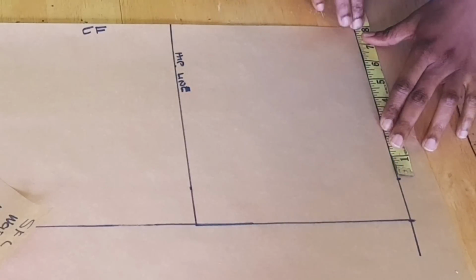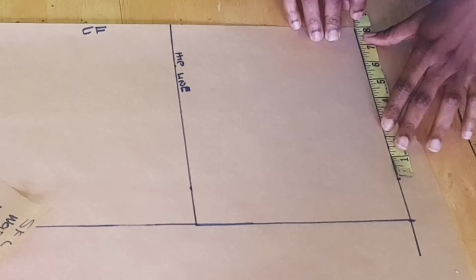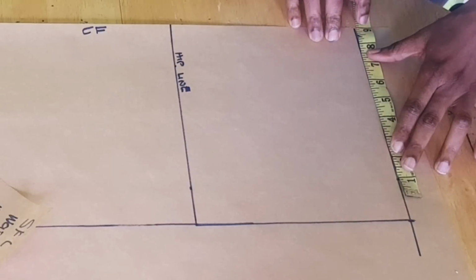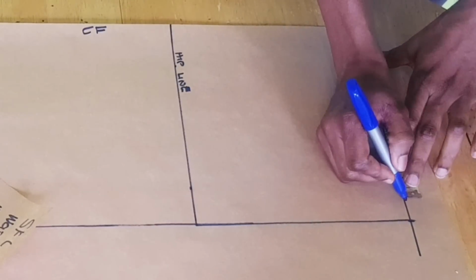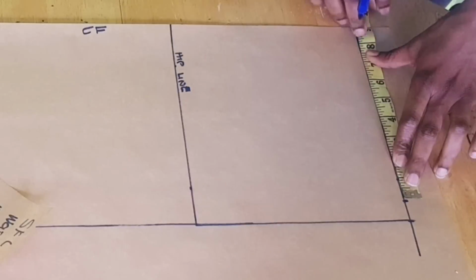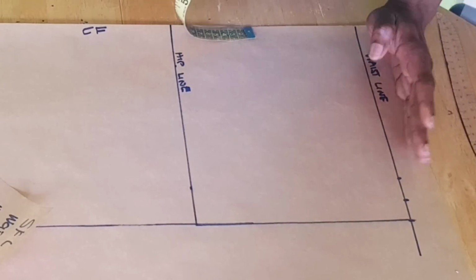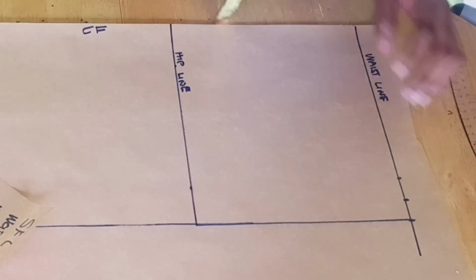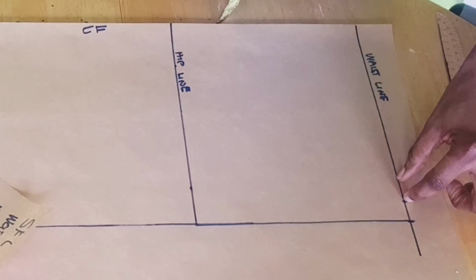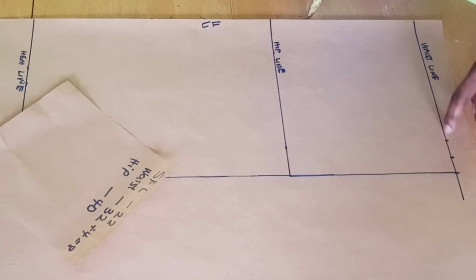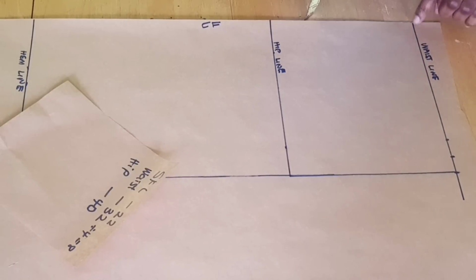Then you're going to add 1 inch allowance to it. So I'll just mark that 1 inch like this. I'm not going to add any extra seam allowance. I will add that after drafting this pattern. So this is the dart allowance, and this is the actual waist measurement.